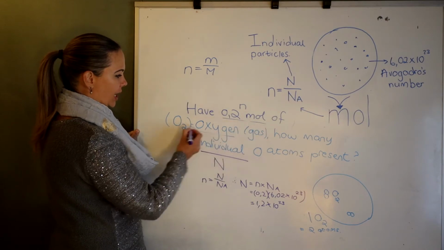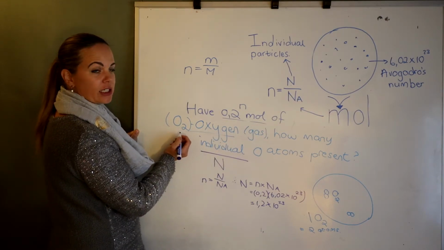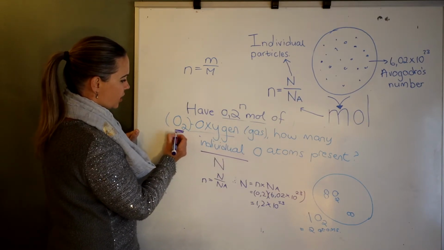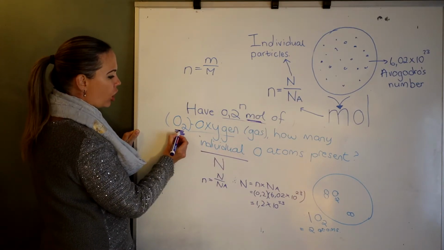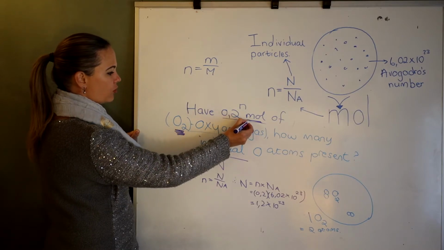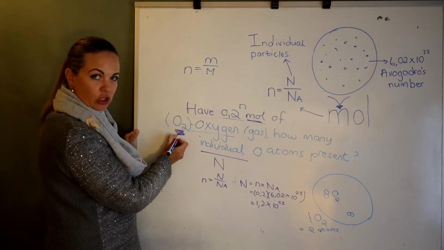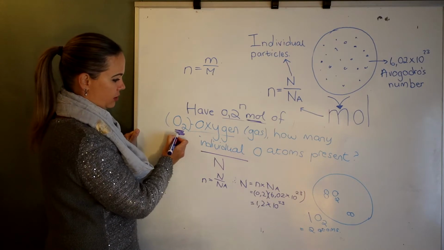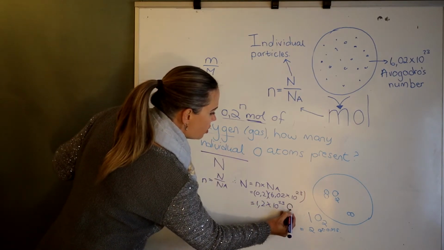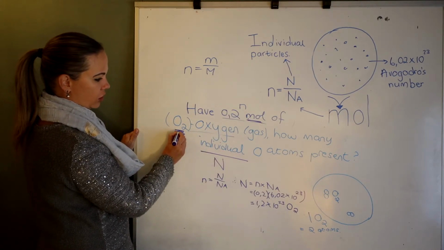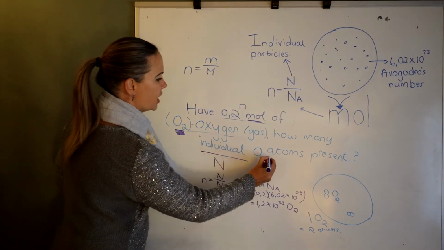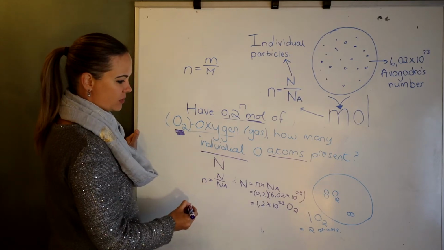What did we calculate? We haven't calculated oxygen atoms yet. We've calculated the oxygen molecules, because the number of moles of oxygen molecules is given. So that will be oxygen molecules. What is being asked is the oxygen atoms.